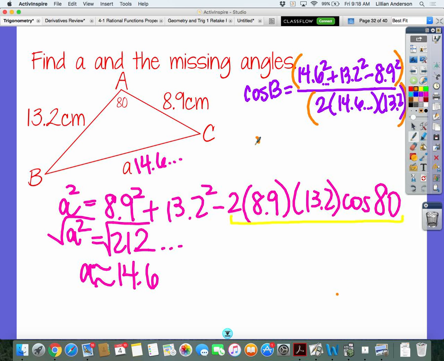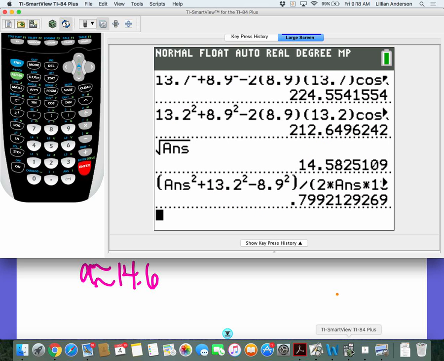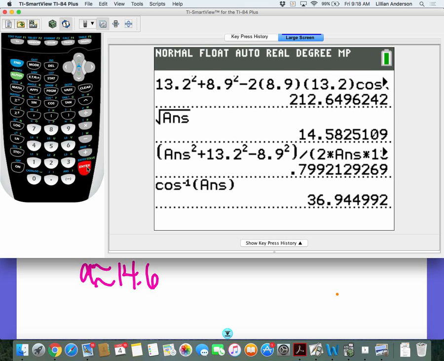So, cosine of B equals 0.799 and some change. So I'm going to do the cosine inverse of that number to get what? To get what? What do you get? 36.9.